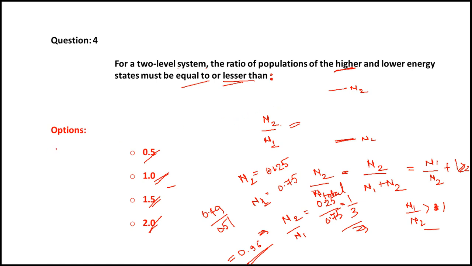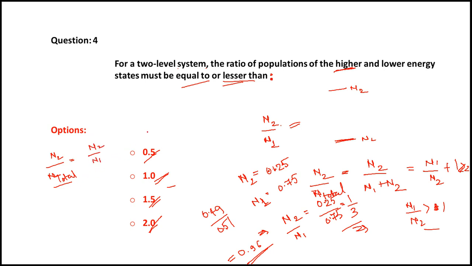When we studied, we got to know that n2 upon n total, where n total is the population of the two states, should always be greater than the value of half. But here we are talking about the real system, where we have to calculate n2 upon n1.